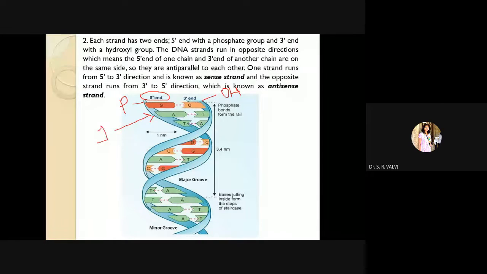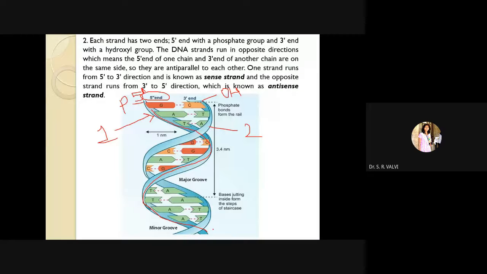This is the first strand, this is the second strand, right? Now you can see this first strand has 5 prime written like this, and this one is going to end right here. So it starts from 5 prime and ends in 3 prime, right?